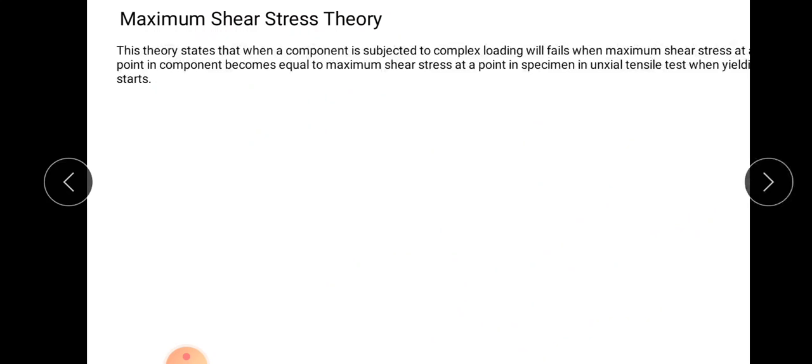Thus, the maximum shear stress of a component subjected to complex loading will be equal to the maximum shear stress obtained from the uniaxial tensile test. When these two values are equal, the component will fail. This is the statement of this theory.